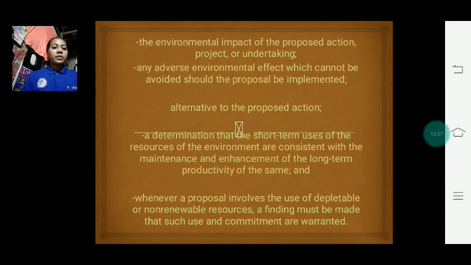Second, any adverse environmental effect which cannot be avoided should the proposal be implemented.